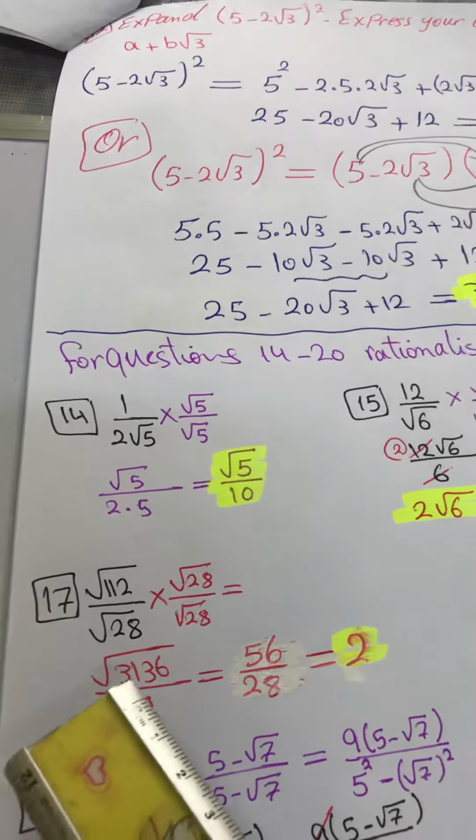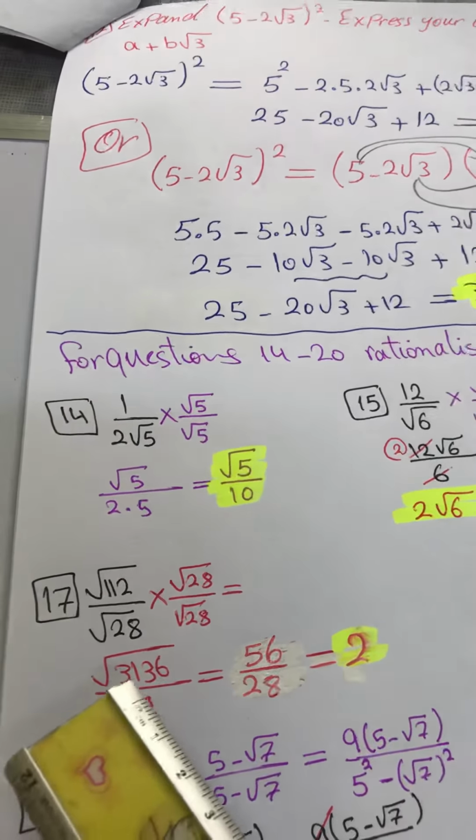Now, question number 19. In question number 19, the same idea. I have down in the denominator the square root of 11 minus the square root of 7. So, in the beginning, I'll expand or simplify the two brackets.